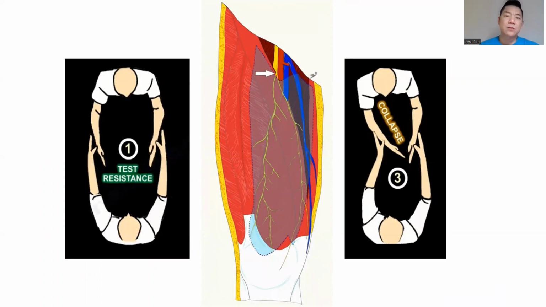Then we scratch the anterior skin area which the anterior femoral cutaneous nerve innervates. Then we do the collapse test. If the patient shows, on the hand, not the leg, sudden weakness upon our resistance test, then we can diagnose peripheral nerve entrapment of the right anterior femoral cutaneous nerve.